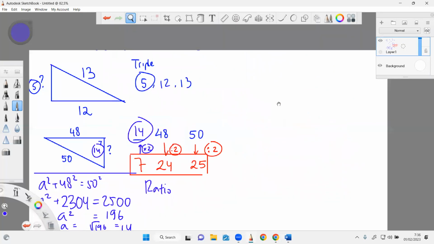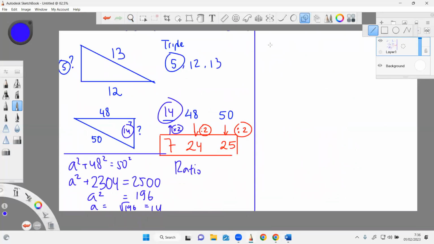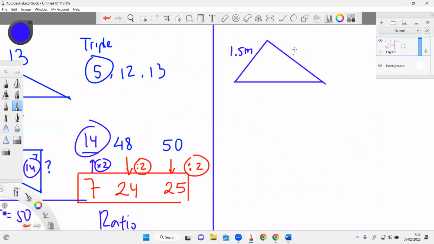Okay, some more. Can we ask some more exercise? Let's try. How about this? Decimal. Okay, try. The unknown is always on the right side, the greatest, the hypotenuse, right?